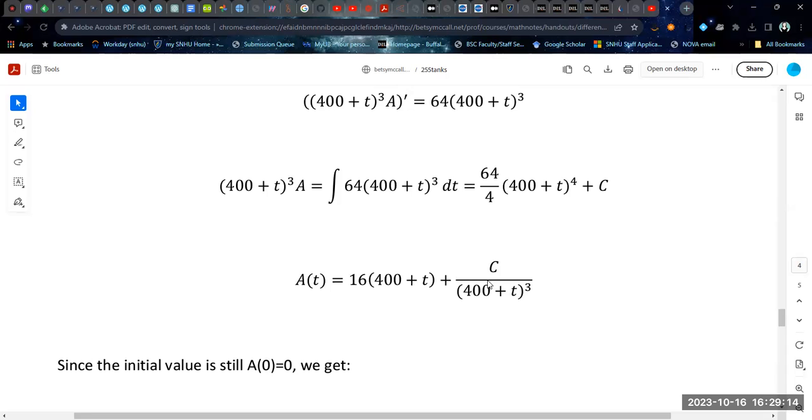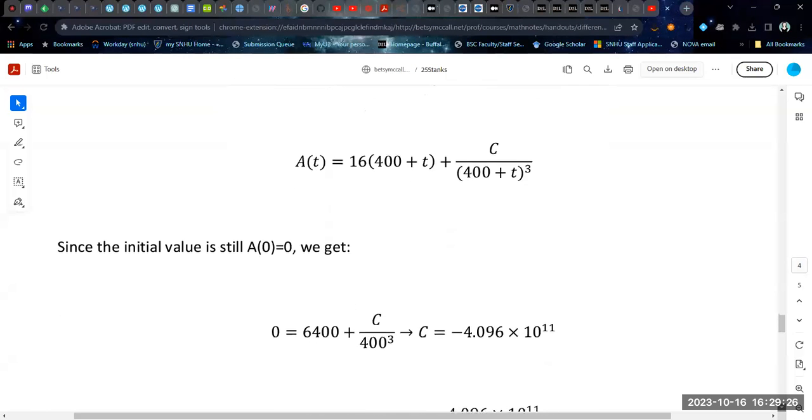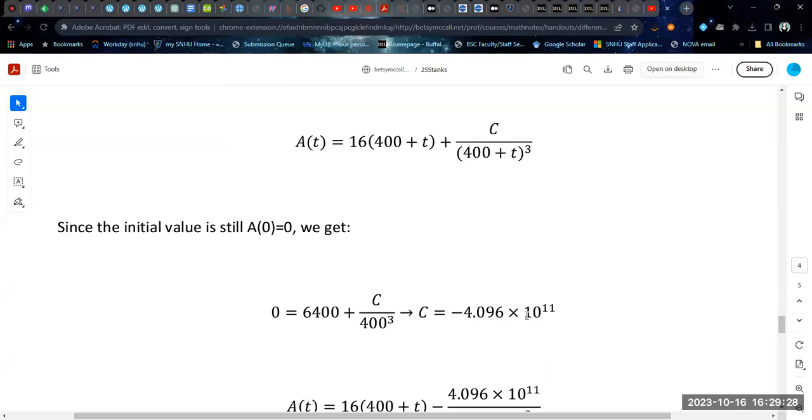So just be aware, if you're getting a weird number for the constant, that's somewhat to be expected. And then we plug in A equals 0 to solve for the constant. And again, we end up with this kind of insane constant for our function.